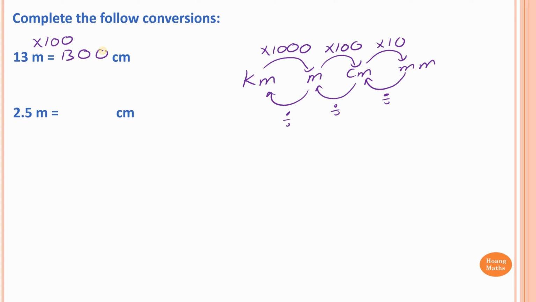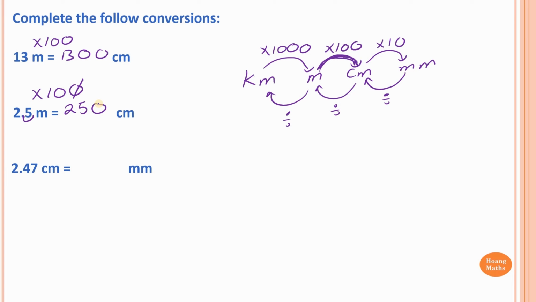Again, we times by 100. The number is larger than 2.5, so you move the decimal that side, you cancel. It becomes 25 times 10. 25 times 1 is 25, and then you add a 0.